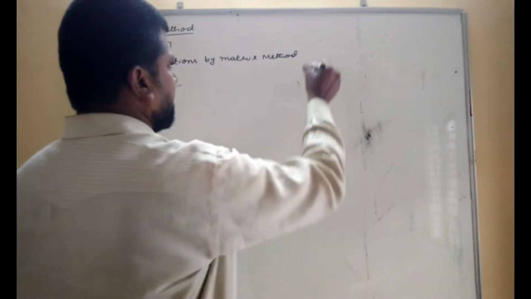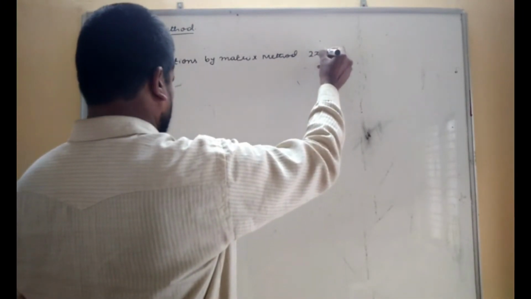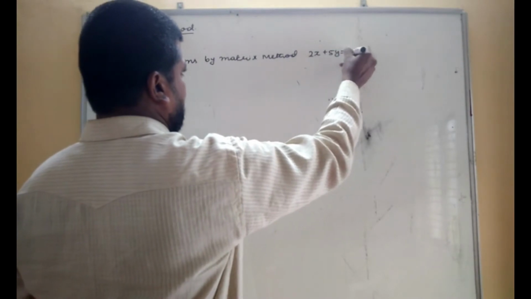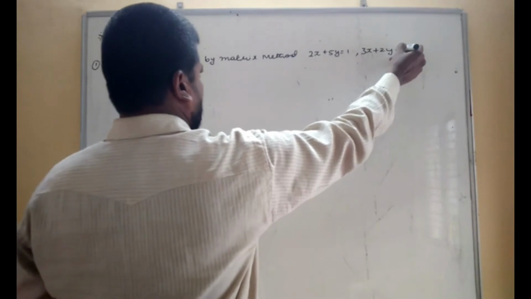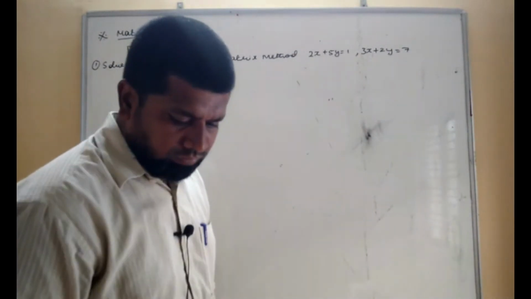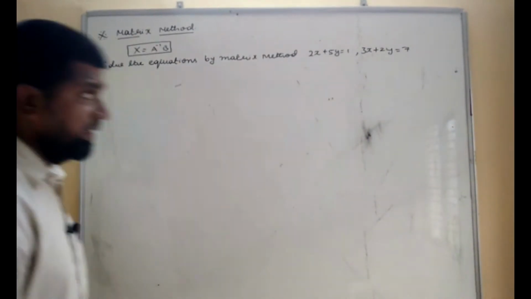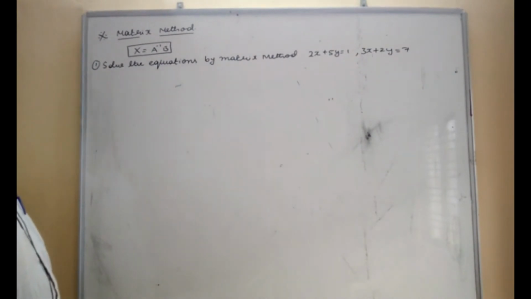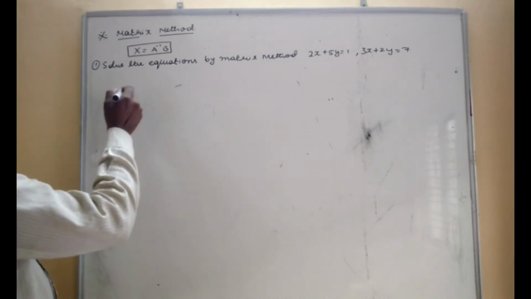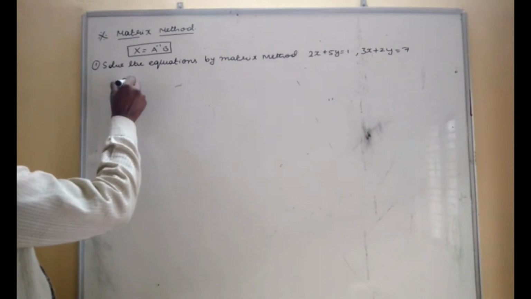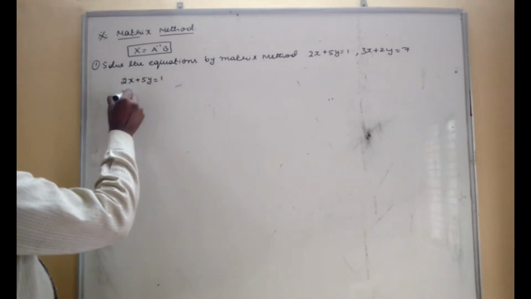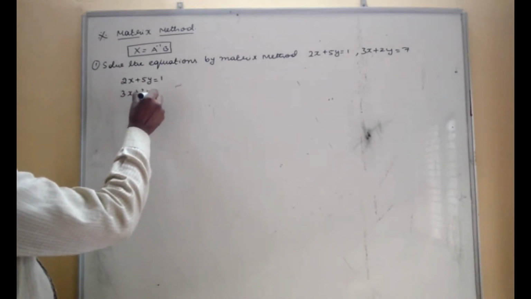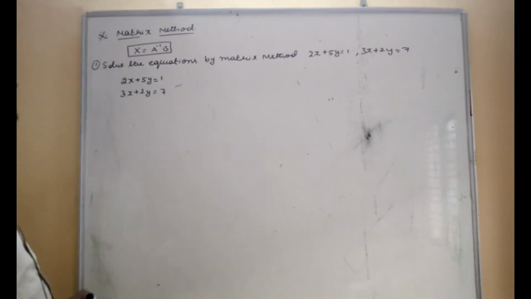What are the equations? 2x plus 5y is equal to 1, 3x plus 2y is equal to 7. These are the two equations he has given. So by using these equations, we have to solve the problem by using the matrix method. Okay. So let us take the equations. 2x plus 5y is equal to 1, 3x plus 2y is equal to 7.